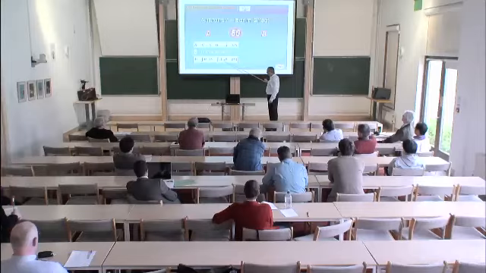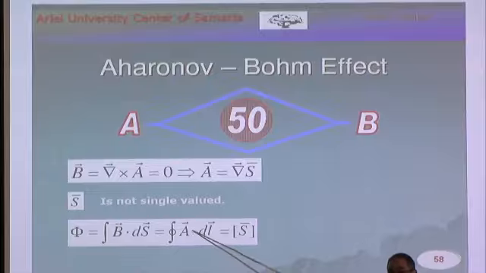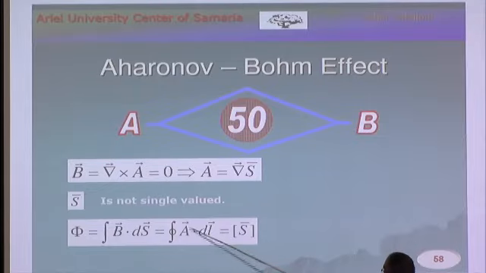But when you do this line integral, you are integrating in a region where there is no magnetic field, okay? So you have a flux, and this flux must be equal to the discontinuity of S. Is this okay? They fly by the flux, they don't go inside.